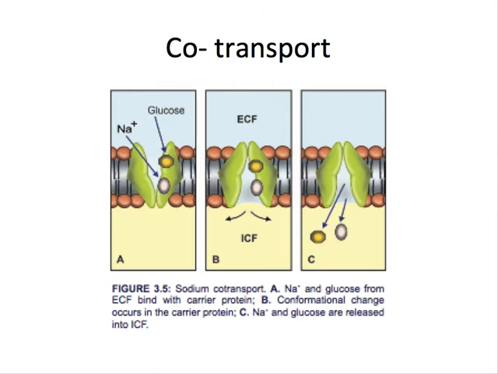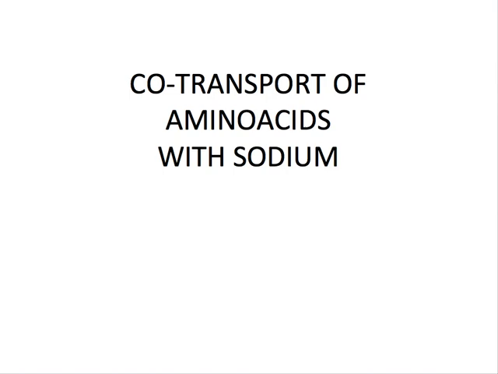Now, this is another graphical representation of co-transport of sodium and glucose. Sodium co-transport of the amino acids occurs in the same manner as for glucose, except that it uses a different set of transport proteins.